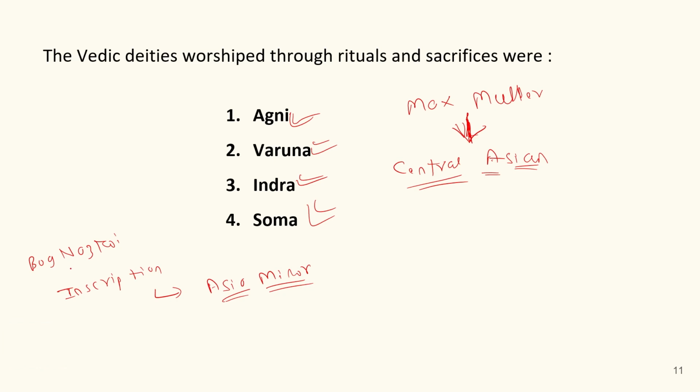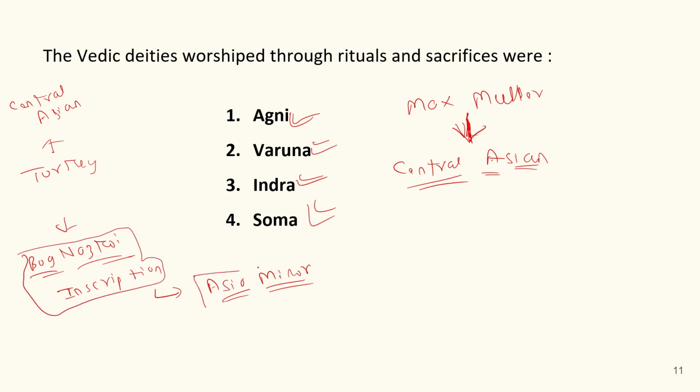The Bog Haskoi inscription was found in Turkey, in the Central Asian region. If the question comes, please remember that these terms are the same: Bog Haskoi inscription, also called the Asia Minor inscription, found in Turkey, which lies in the Central Asian theory, and the theory was given by Max Muller.